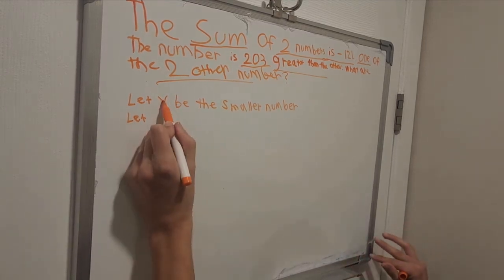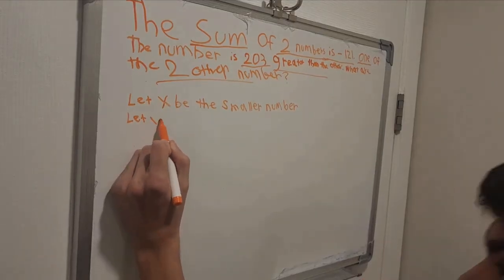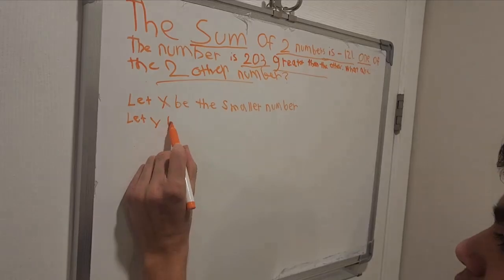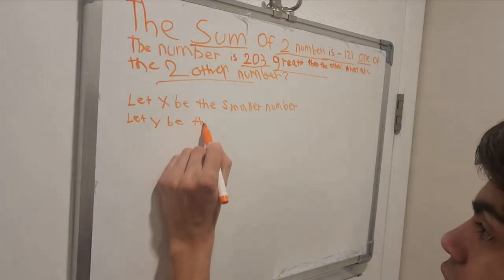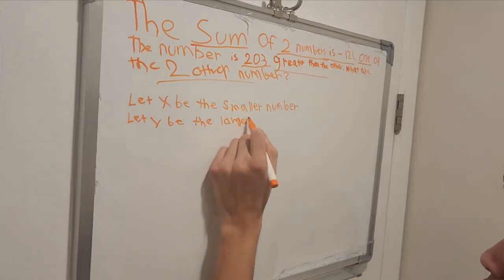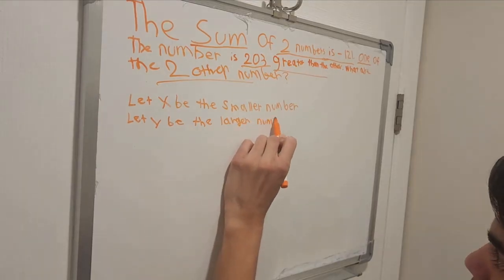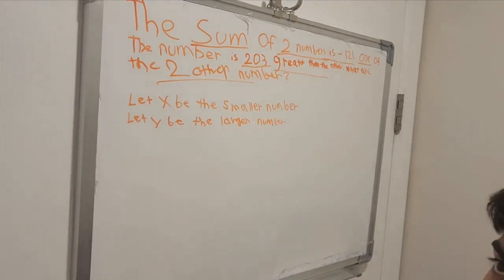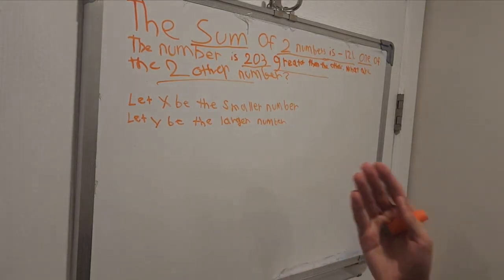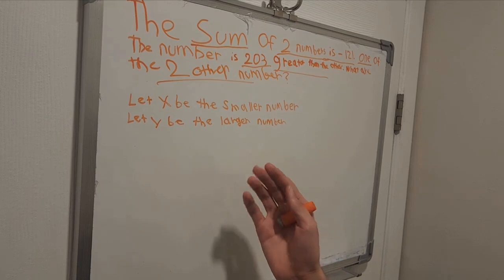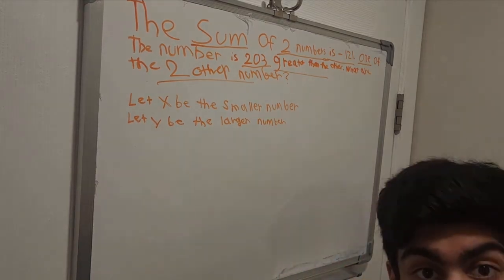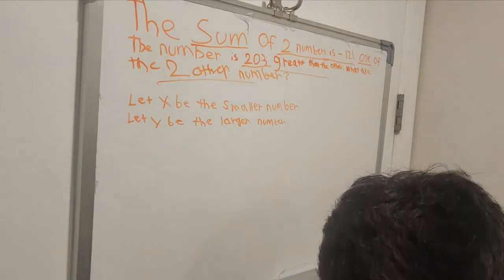Oh wait, this is x. I forgot. Let y be the larger number. Now we did step 2. So let's solve it. But first, let's write our two equations.